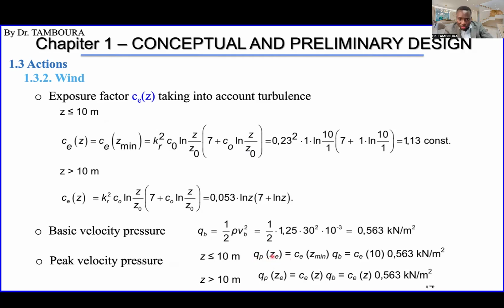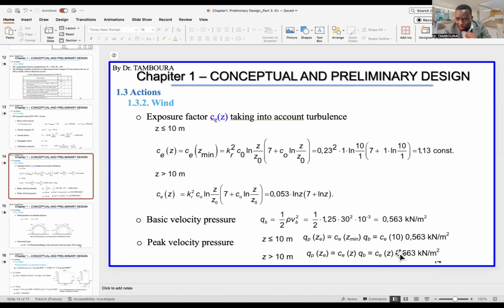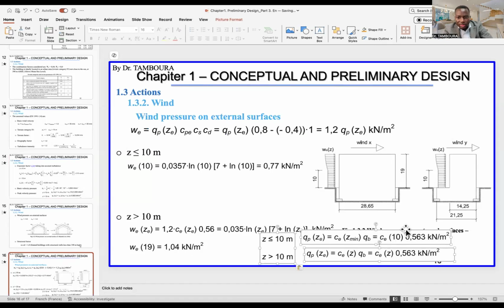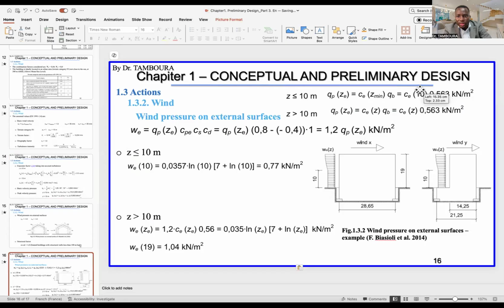So these two, just remember that the value for this one, CE10, is 1.13. And CZ is this value, this equation. Remember that. Let's take this here.